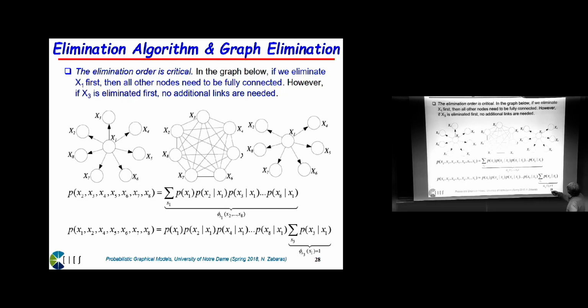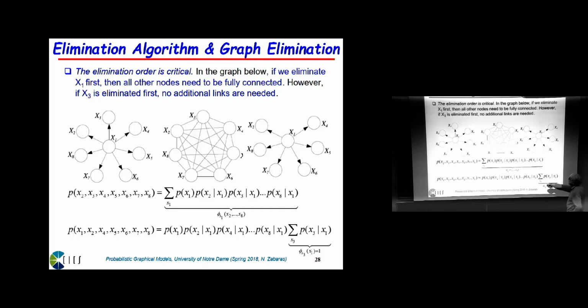Let's say you have all of these variables, and somebody tells you you want to compute, let's see, I don't know what you want to compute at the end, right? But let's say we want to eliminate x1 first, right? Maybe you have some evidence and you want to start doing elimination from x1. If you eliminate x1, what happens?